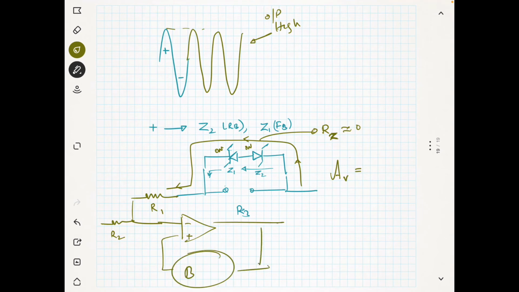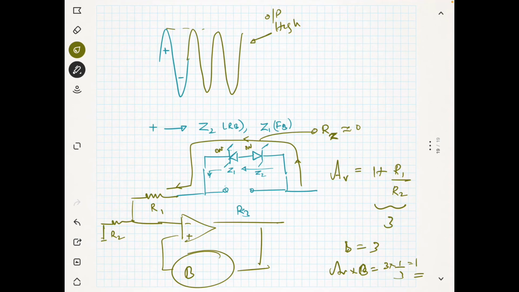The gain is now just 1 plus R1 by R2, which is 3, and B is equal to 1 by 3. So Av into B is equal to 3 into 1 by 3, which is equal to 1. So there is no issue.